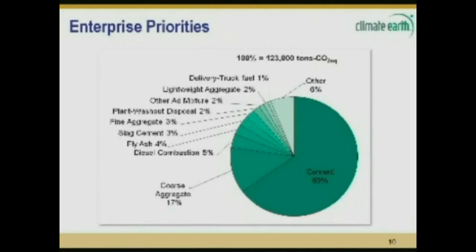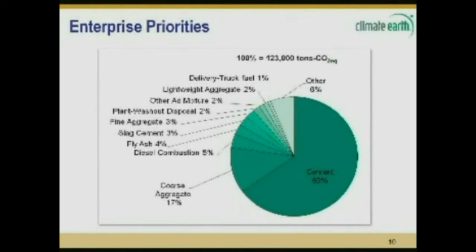Typically, our customers first want to look across their entire enterprise and supply chain to understand what is strategic. In this case, we're looking at a concrete manufacturer, and as is fairly well known, cement, the glue that makes the concrete, is the major impact and strategic to this manufacturer.